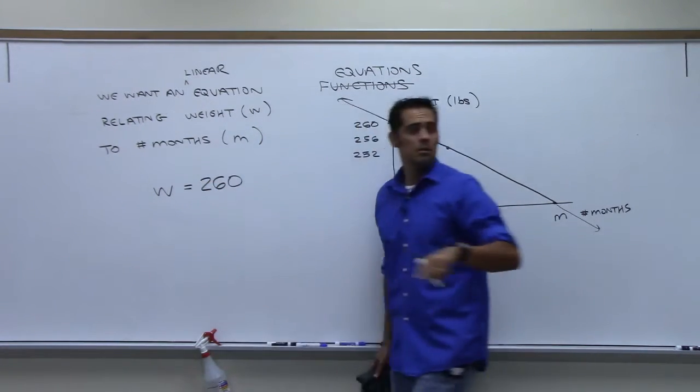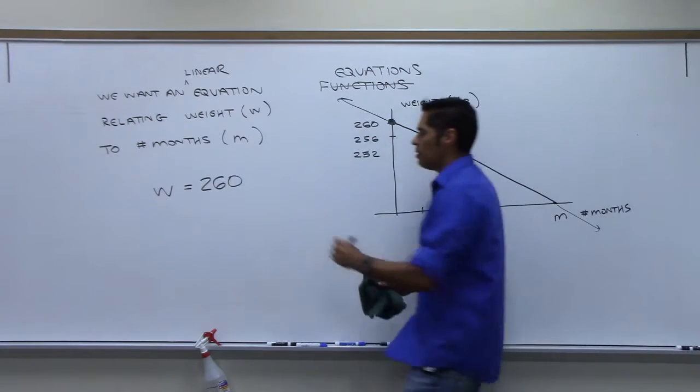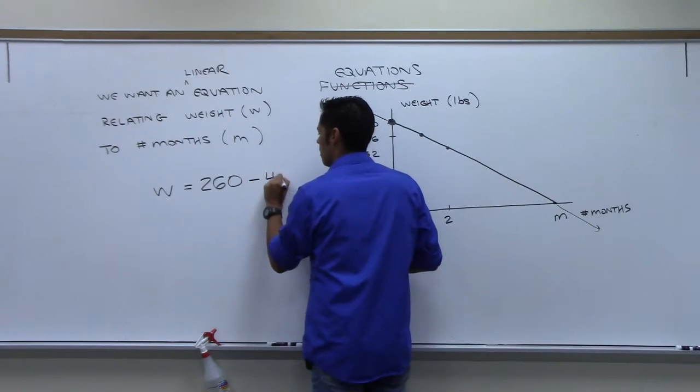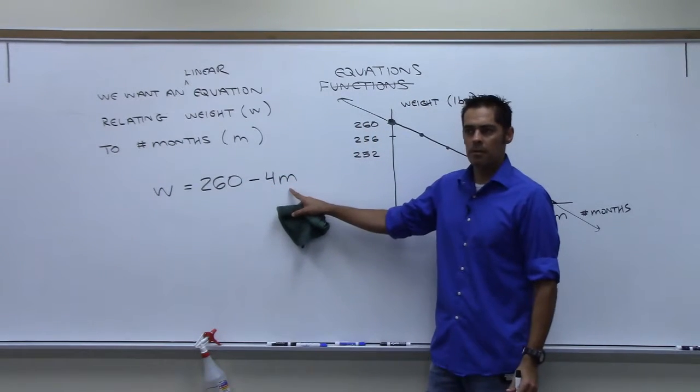And then what? Minus 4M. So what we're going to do is we're going to take away 4 for every month.